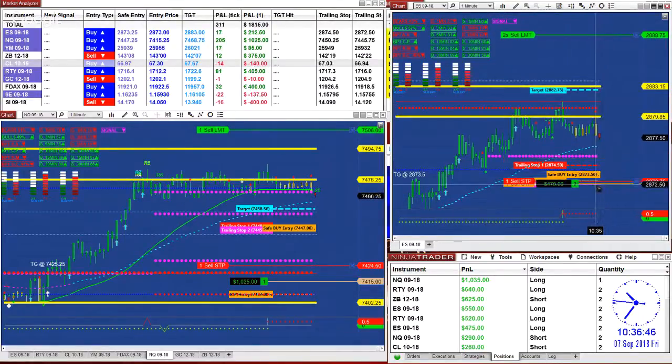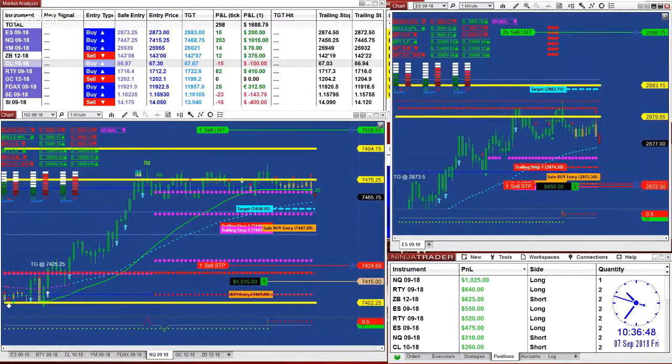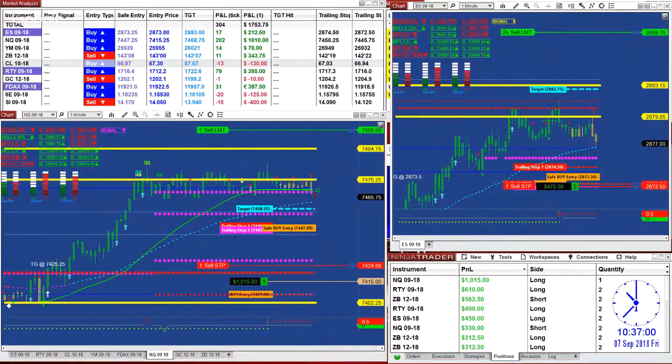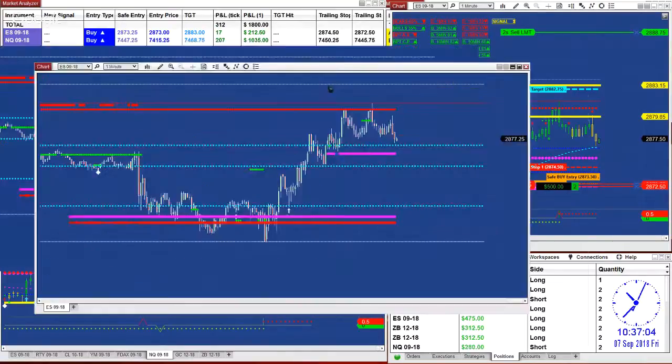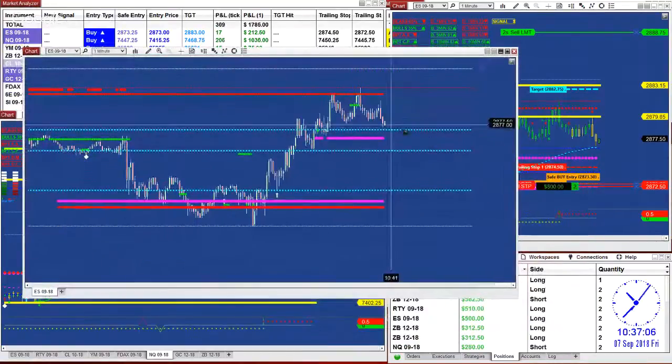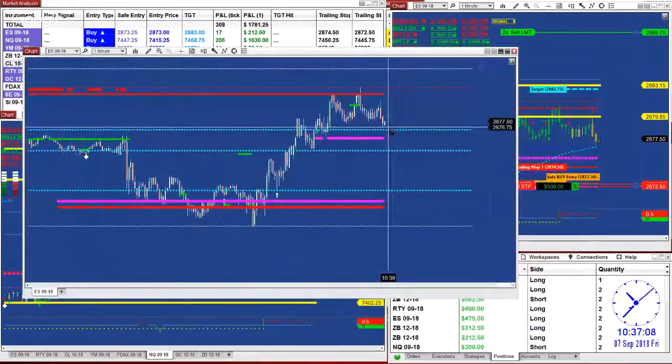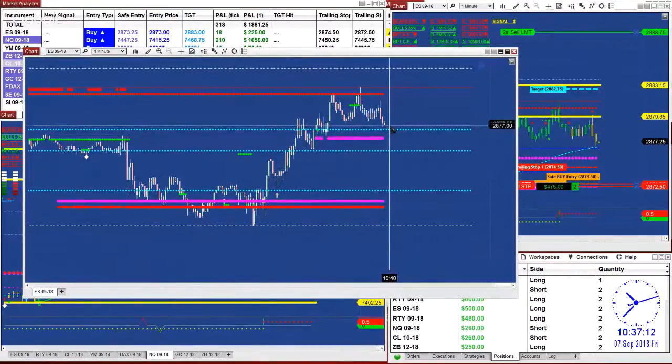Let me take this one down so we can have a clean picture. Let me get a clean picture on the ES. The 76th level.